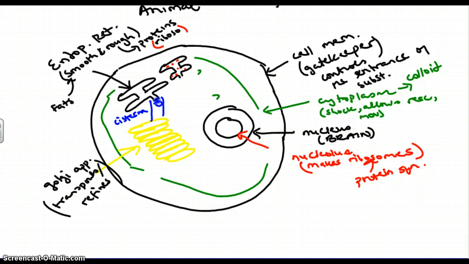What it does is transport molecules to the Golgi apparatus. So now this lipid goes in and gets refined by the Golgi apparatus. Then what happens is that the Golgi literally takes a piece of itself and branches off. Let's say right here is where the lipid is.